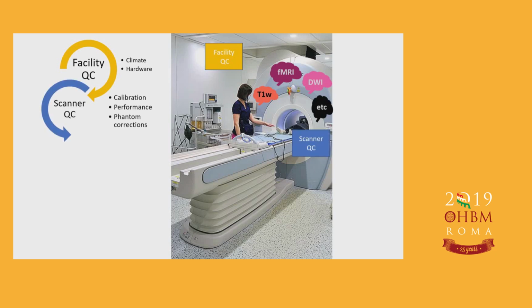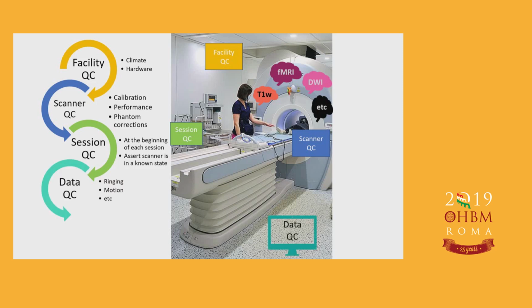That's followed by scanner QC, calibrating it and performing phantom corrections and maintaining other phantoms performance. Followed by the session QC on the particular day to ensure the scanner is in a known state, followed by the actual neuroimaging data QC.